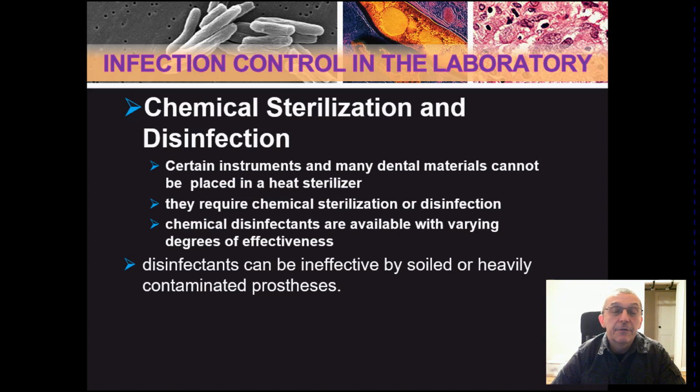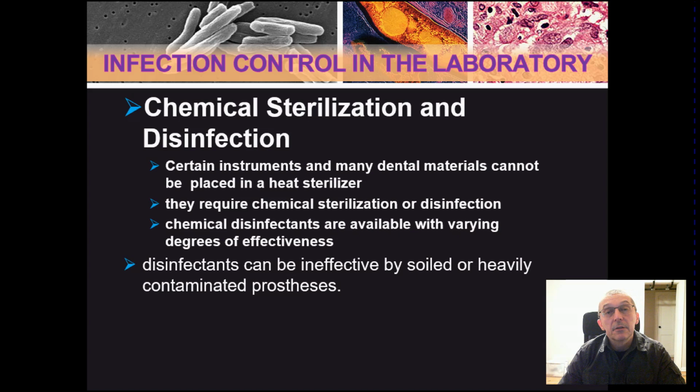So even if you put it into a chemical sterilizer, it may not reach that deep into that soiled material. So what happens? The surface will be sterilized, and once that material becomes dislodged, the infection will still be there underneath that material that soils that instrument.